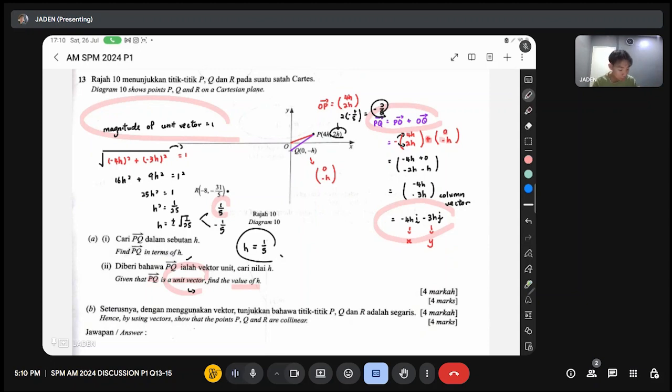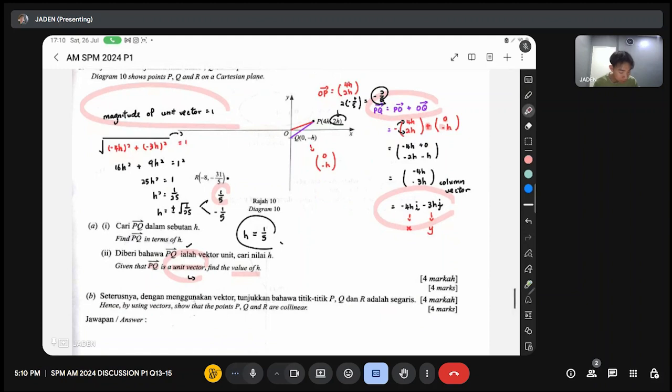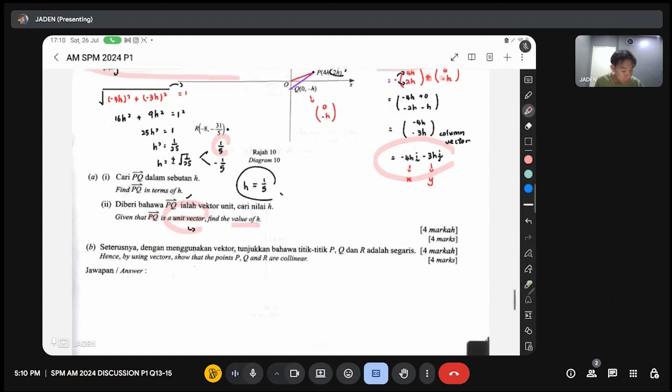Okay, next up, B. Hence, by using vectors, show that the points P, Q, and R are collinear. Now, this is pretty simple because it applies the concept of parallel. When we talk about parallel in vectors, we always think of one thing.